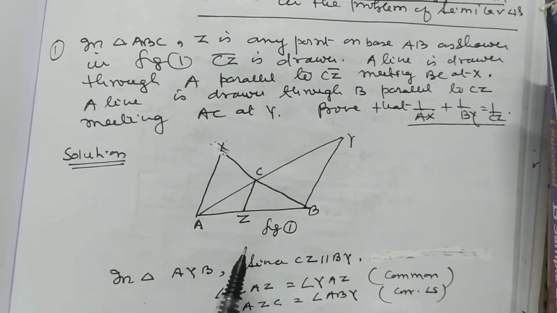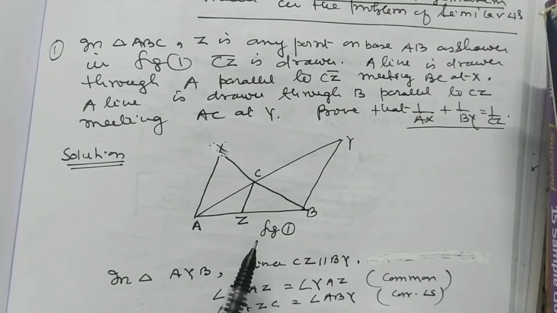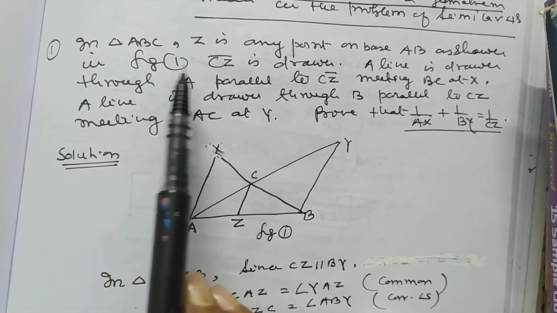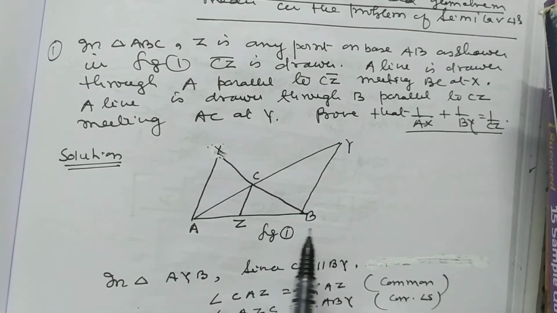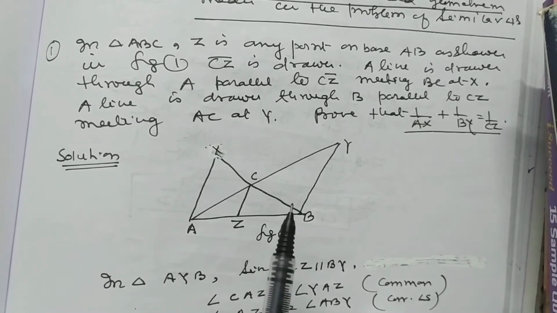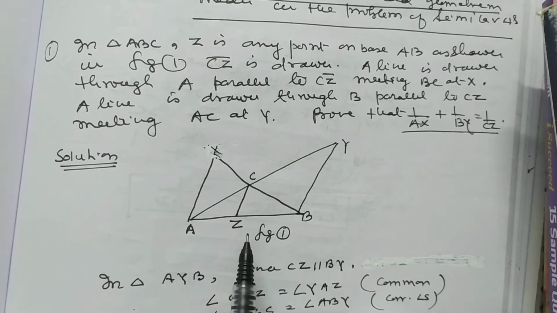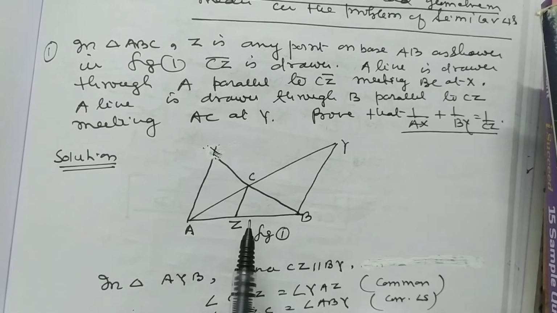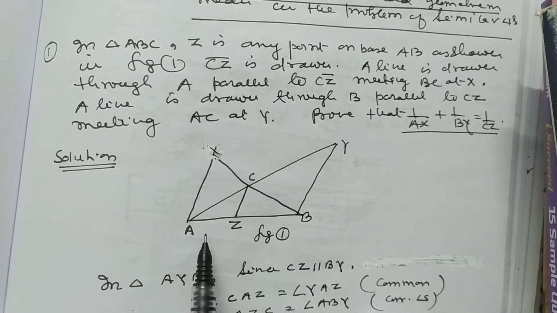And this problem is also very, very important for the purpose of examination for the CBSE board. In triangle ABC, Z is any point on base AB. As shown in figure, CZ is a line drawn parallel to BY.